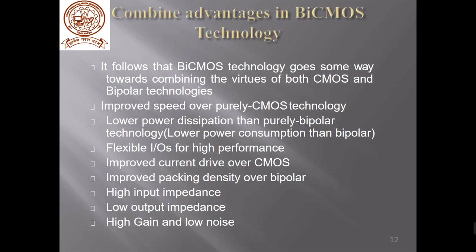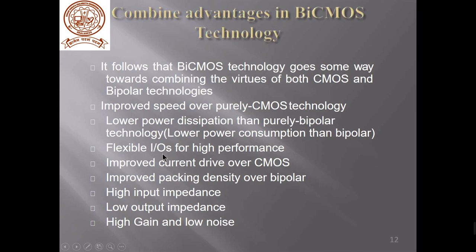Coming to the combined advantages of BiCMOS technology, it goes towards combining the virtues of both CMOS and bipolar technologies. It has improved speed over purely CMOS technology, because CMOS speed is less, so we go with the bipolar speed. It has lower power dissipation than purely bipolar, which requires high power dissipation; the low power comes from CMOS technology.